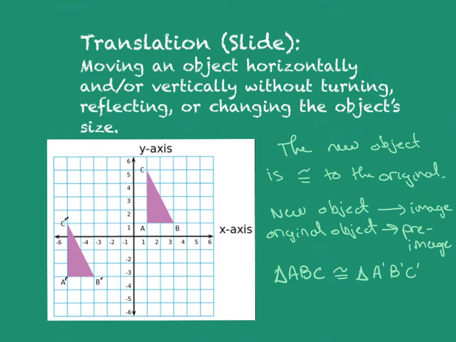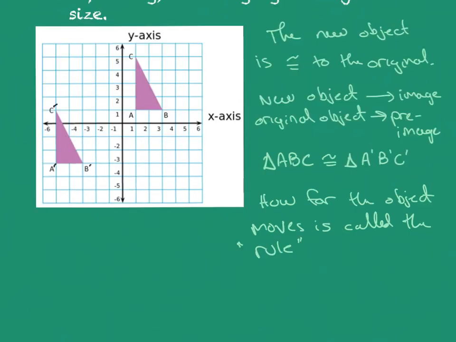And all that would have changed is that the location of triangle ABC has now moved over horizontally to the left and vertically down, but is still the same size. So we say that the two are congruent. And we say that triangle ABC is mapped onto triangle A prime, B prime, C prime.